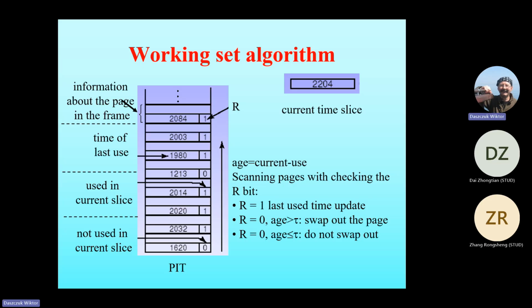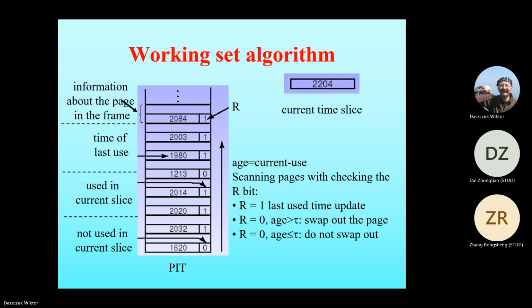Of course, if it's 0, we leave it. If it's 1, we change the access time to the current time slot. So after the procedure, all those pages will get 2204 in their last access time, if they are used in the current slice.